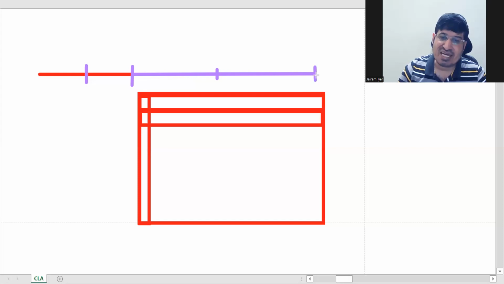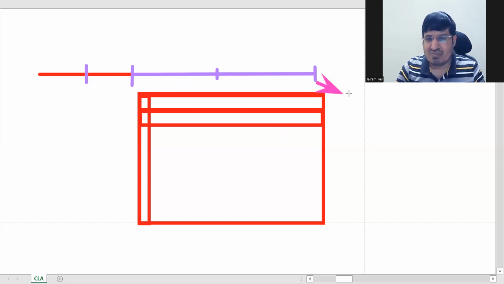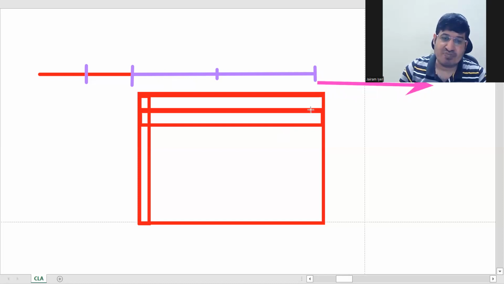So you have this much time to sell your flats. After this 2-year period ends, you will be taxed for any flat which is not sold. You will be charged rent for that.